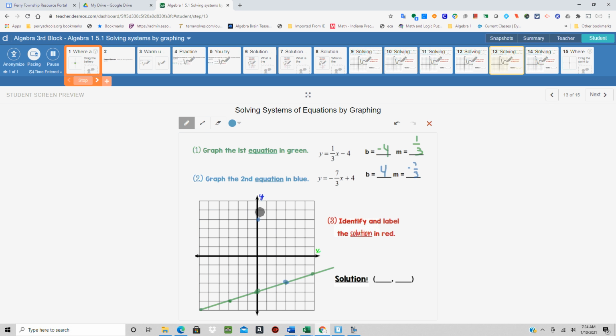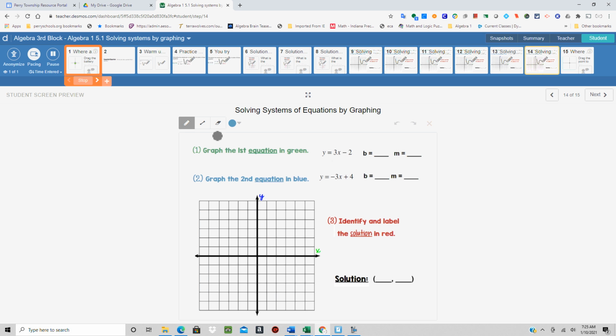Look at that. It's going to cross right there. And my solution, oops, I want to do that in red, is right here. So I went 1, 2, 3 to the right, and down 3.